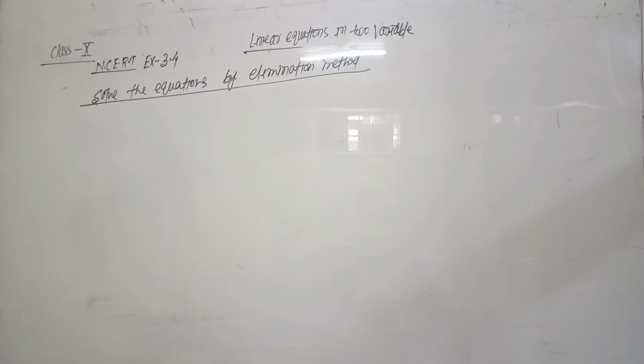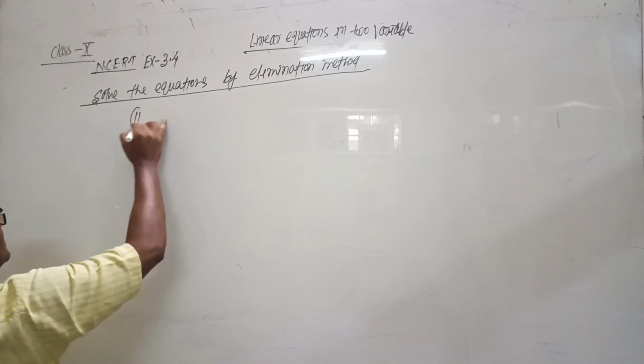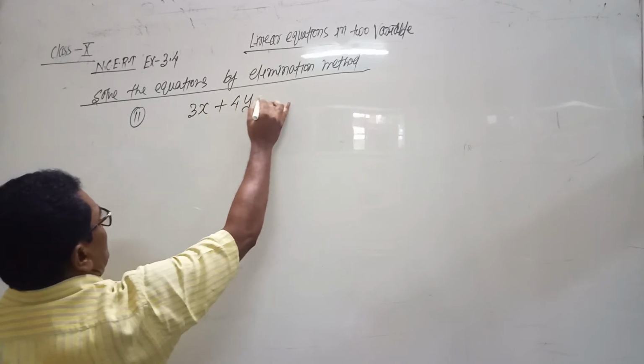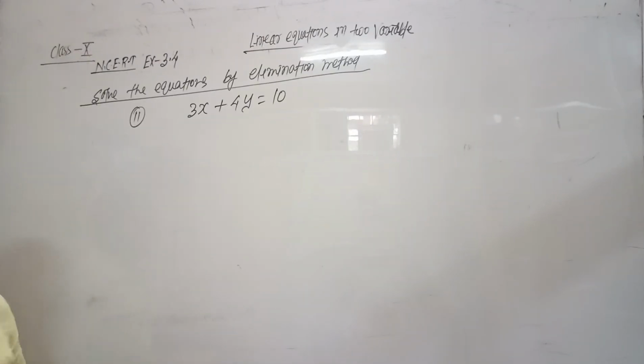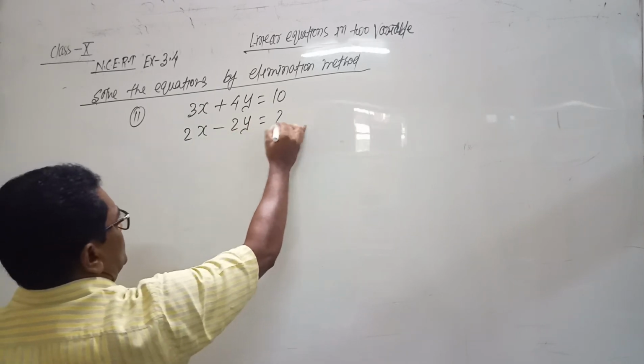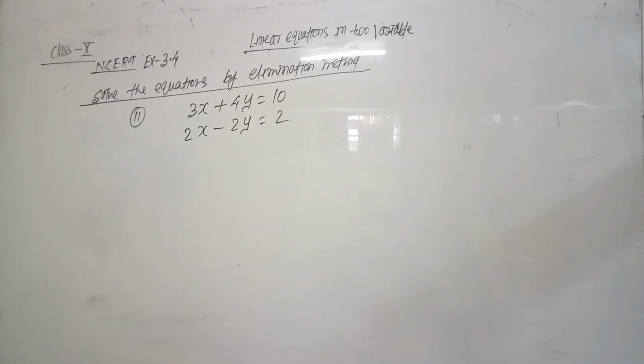3x plus 4y equals to 10. First number equation. And the second equation is 2x minus 2y equals to 2. देखिए इसमें करना क्या है.